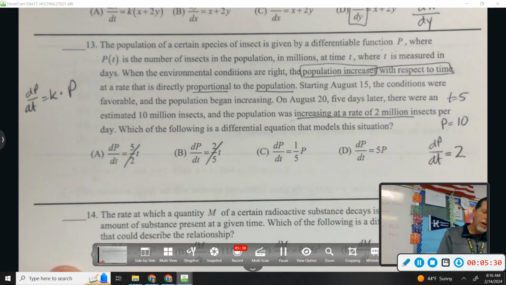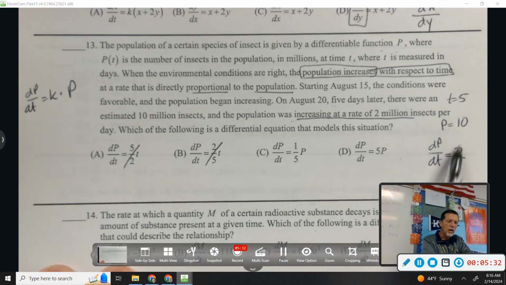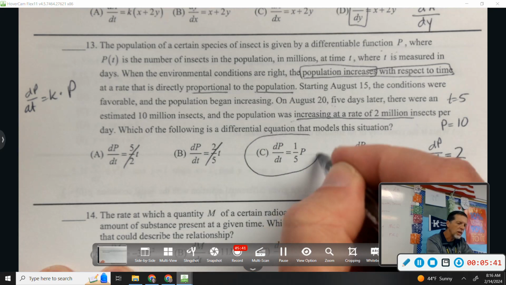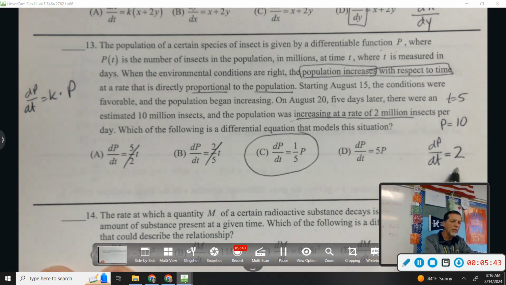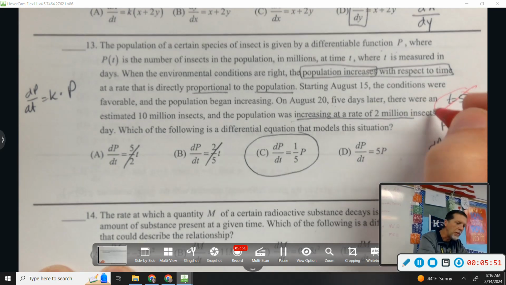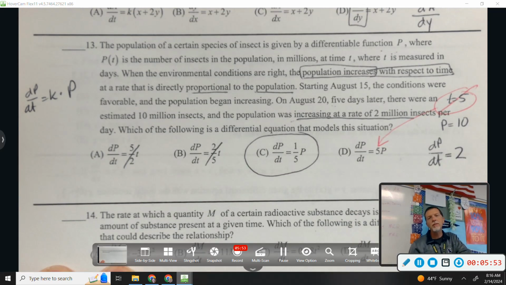Which of the following models this situation? Okay, well, if P is 10 and dP/dt is 2, then it's got to be this one. 1/5 of 10 would give me 2, as opposed to 5 times 10 would be 50. This t equals 5, that didn't matter. That was just extra information, maybe to try to sucker you into picking D.